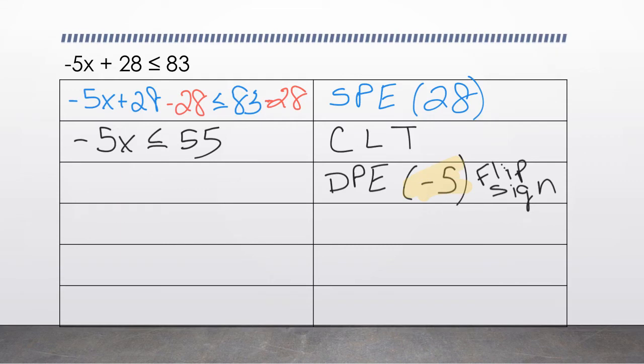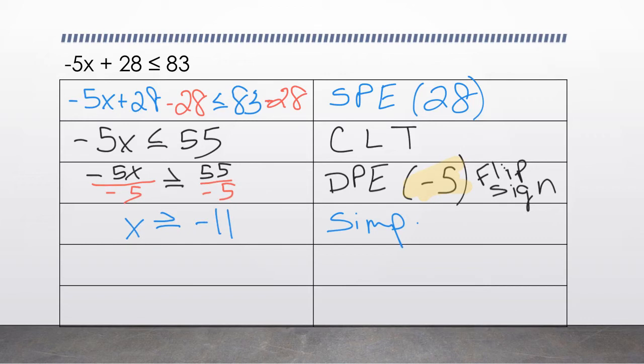So when I write this, I have -5x divided by -5 must be greater than or equal to 55 divided by -5. So I'm going to simplify that and say x must be greater than or equal to -11.